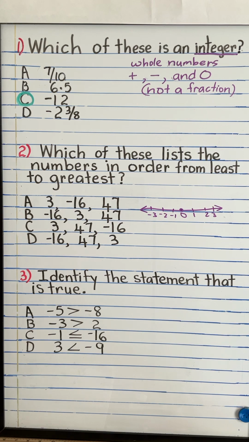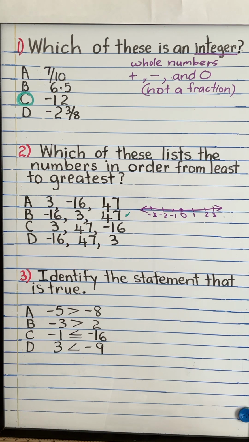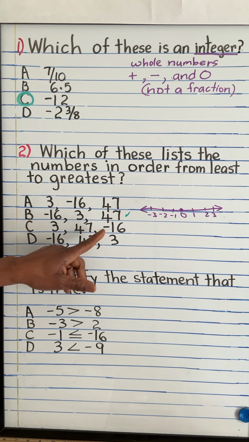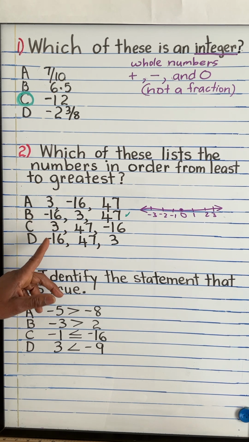But let's put a little check right here, and we could check the others. 3 is greater than negative 16, so this order is not correct from least to greatest.